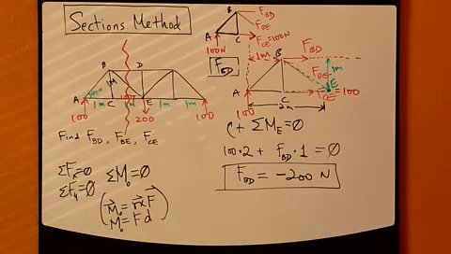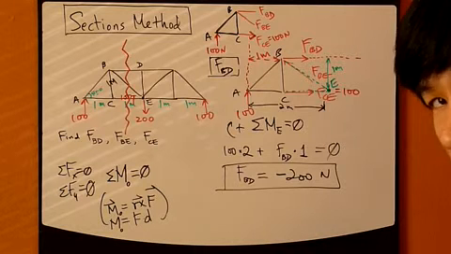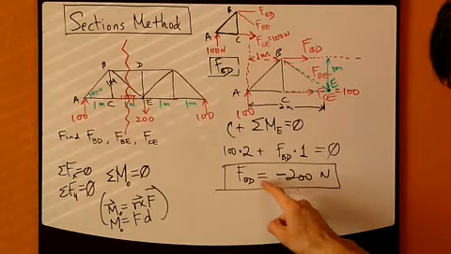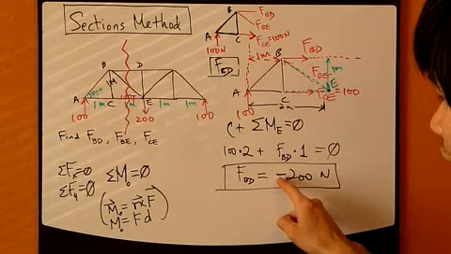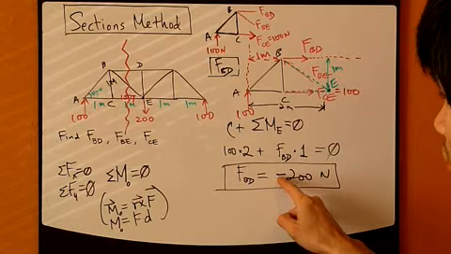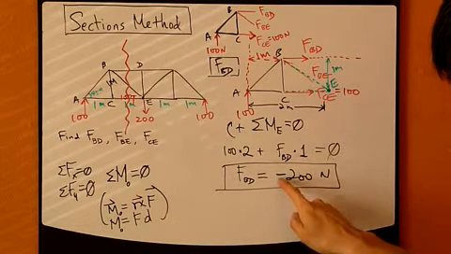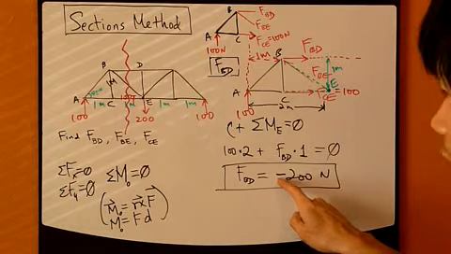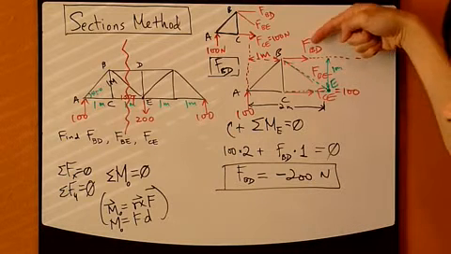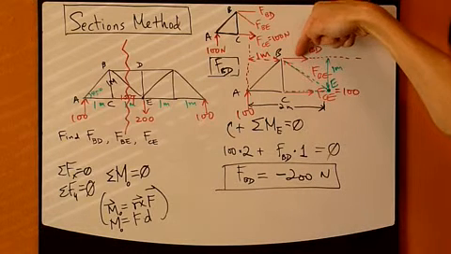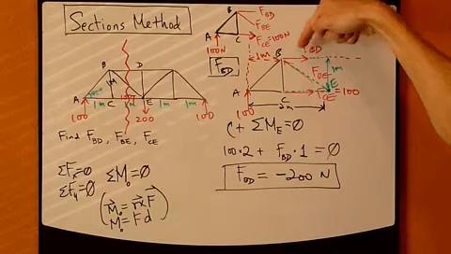What does negative mean? Just like before, whatever result that you get, the sign would tell you whether your assumption of this direction was correct or not. Negative means that my assumption was incorrect. This direction needs to be flipped.